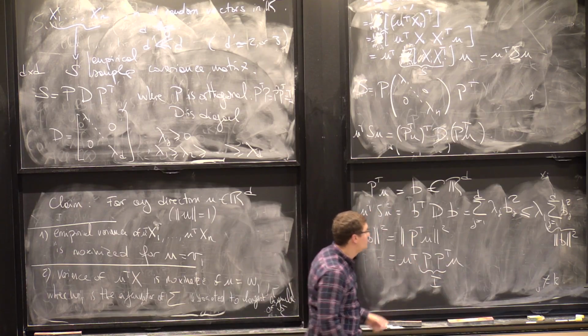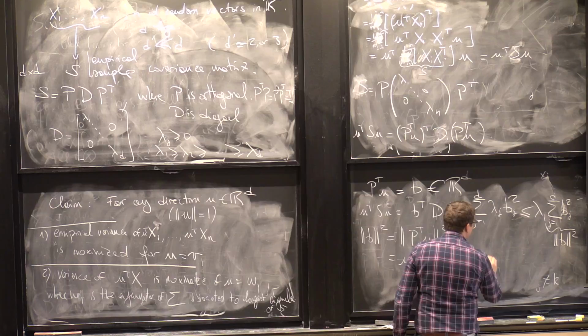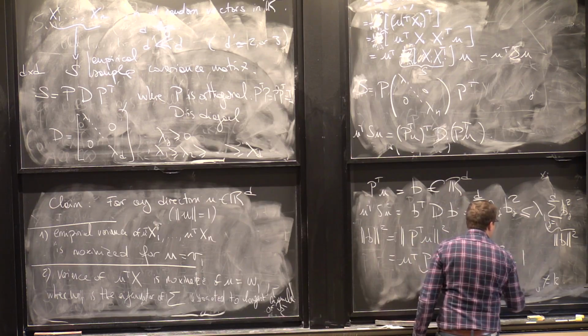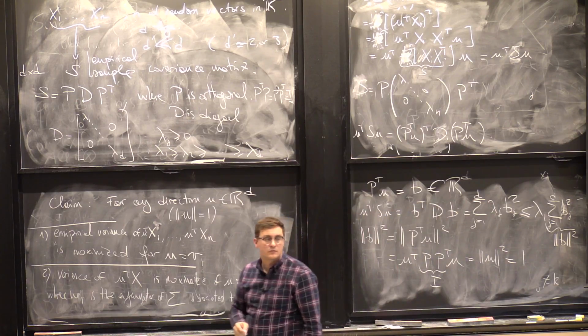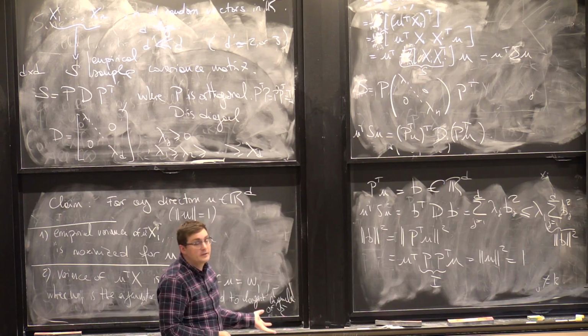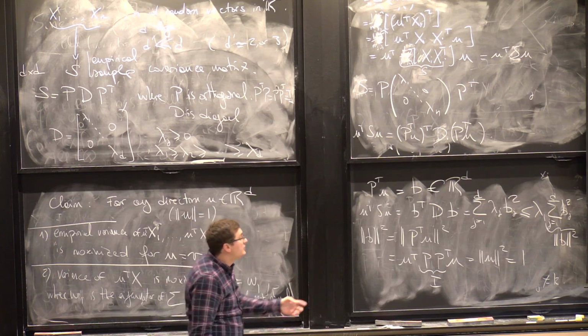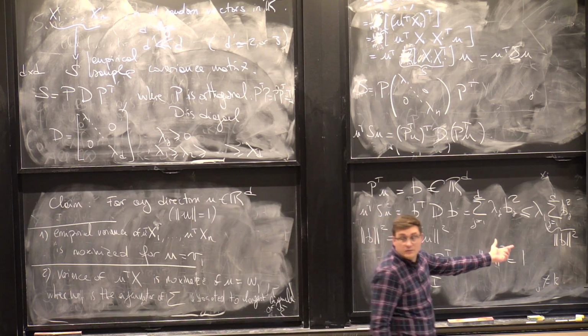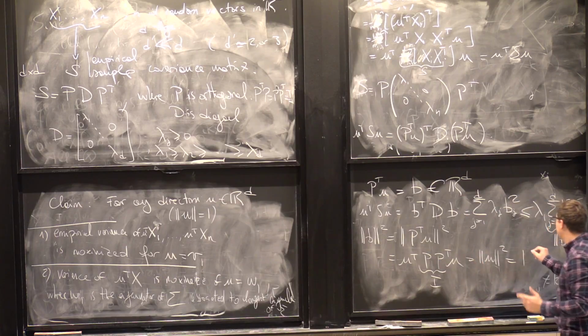So that's just U transpose U, which is equal to the norm of U squared, which is equal to 1, because I took U to have norm 1 in the first place. And so this was actually of norm equal to 1. I just needed to have it less, but it's equal.